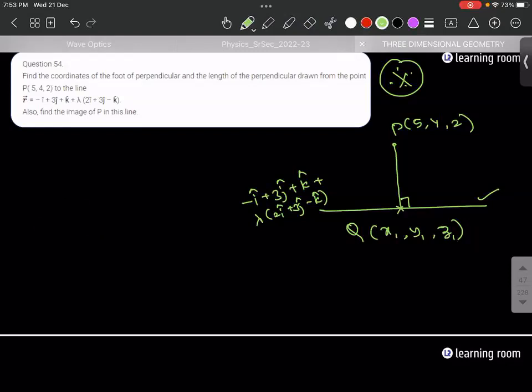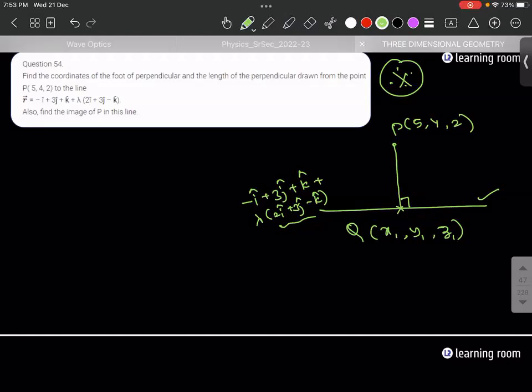Sir, actually, what you did previously, we have to do it with B vector only. No, we did it with A vector, right? No, I did with this one, 2, 3, minus 1 again. Sir, but we shouldn't do like that. We have to do with the equation of line A vector plus lambda B vector, right?